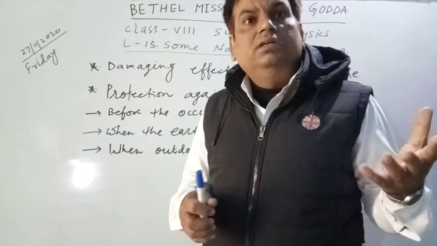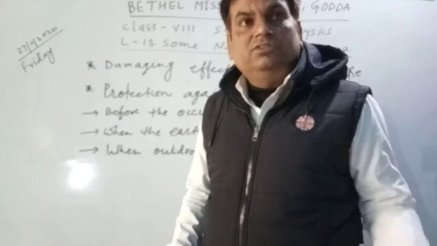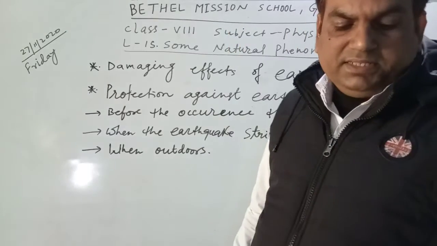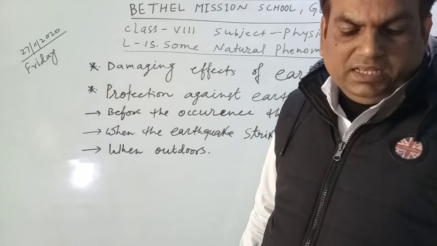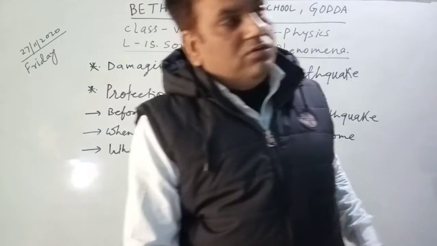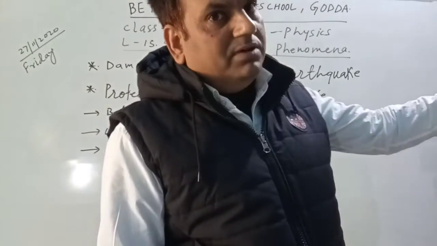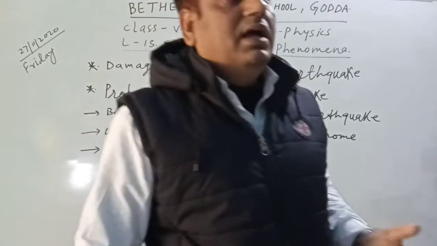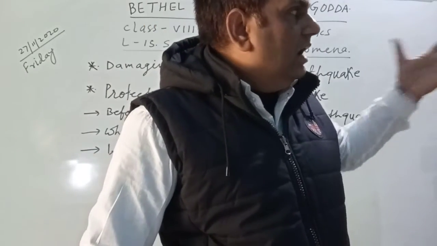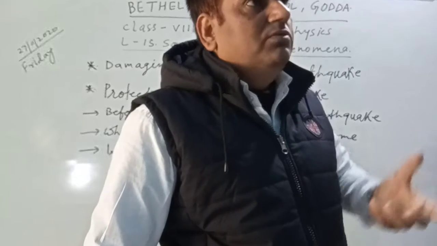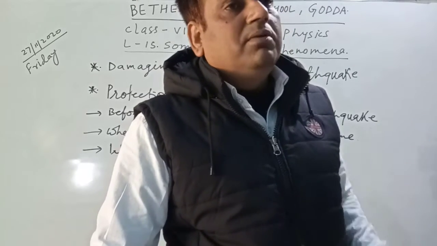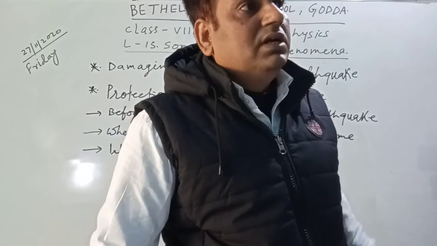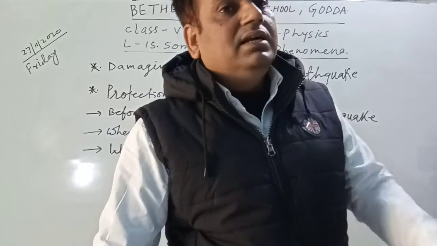We should not stand near tall objects or a statue when we are inside our home. Stand under the door frame, or take a corner when we are at home and the earthquake is occurring. So we should take proper shelter under the bed.